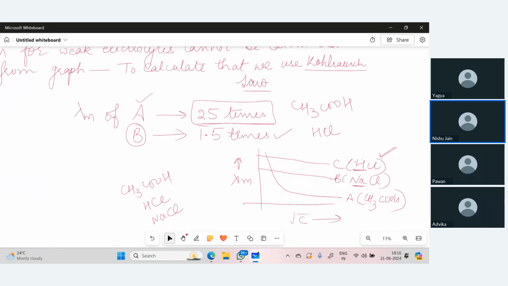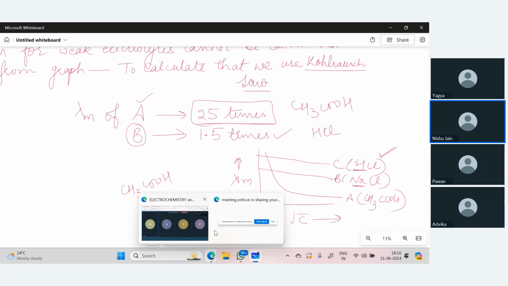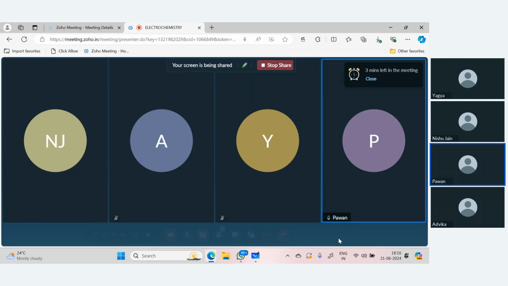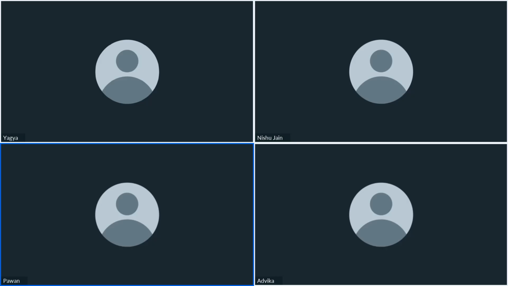So today, Advika, you are not writing. Pawan, I am sending you the test paper. What time will you write? Ma'am, today I have a class from 7 to 9. Then you write after 9. It's just a 45 minutes test paper.